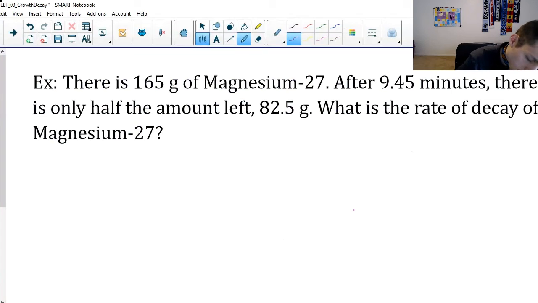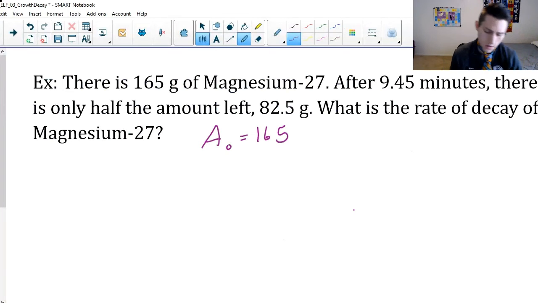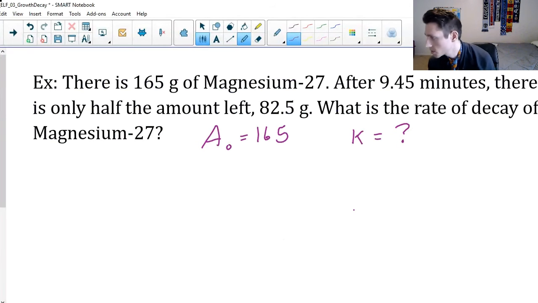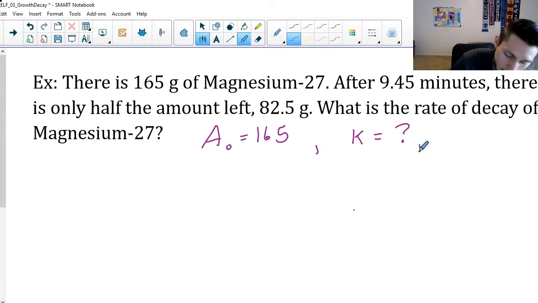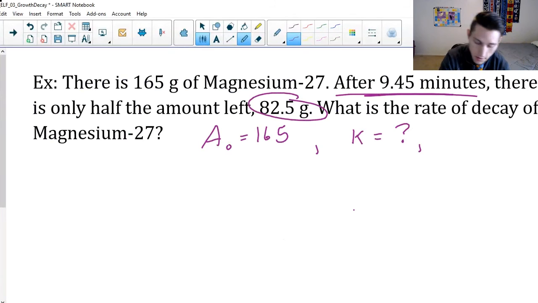Okay, so initially, 165 grams. k, I don't know. This is the first problem we've dealt with where I haven't been told specifically what the rate of decay is.